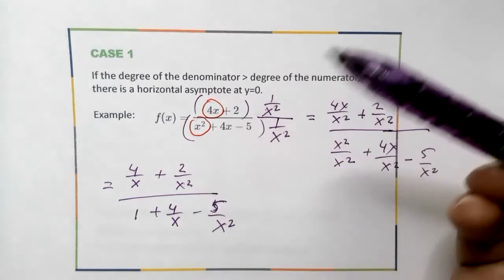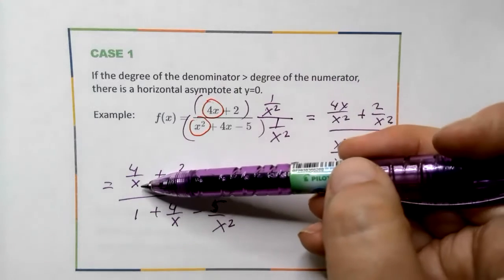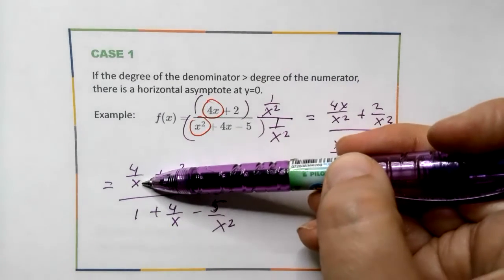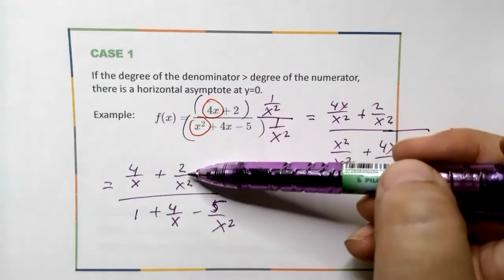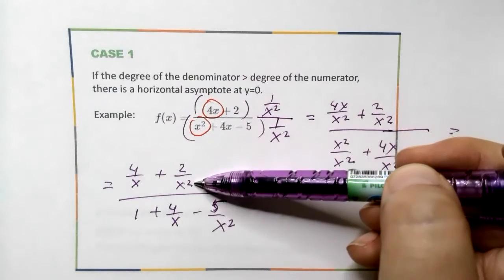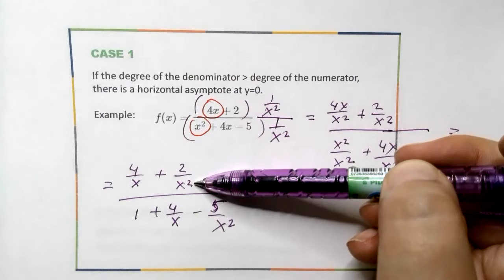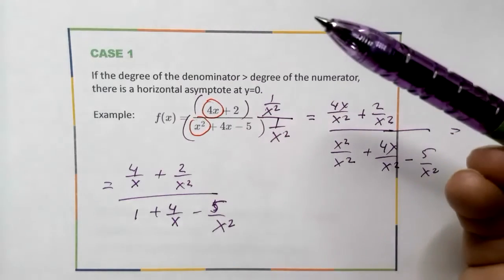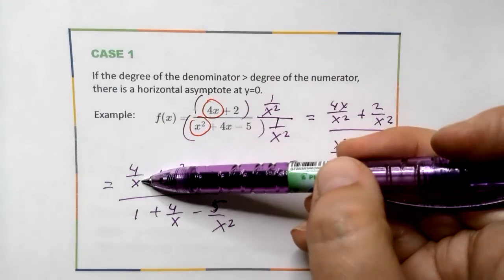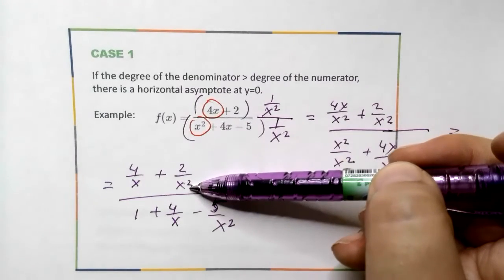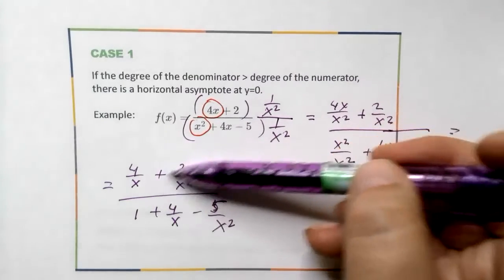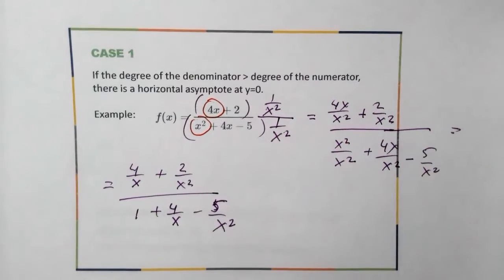Then let's let x equal 100. So it's going to be 4 divided by 100, and then 2 divided by 10,000. Then if x is 1,000, we have 4 over 1,000, and then 2 over a million, right? So as you can see, these fractions become smaller and smaller as x increases.